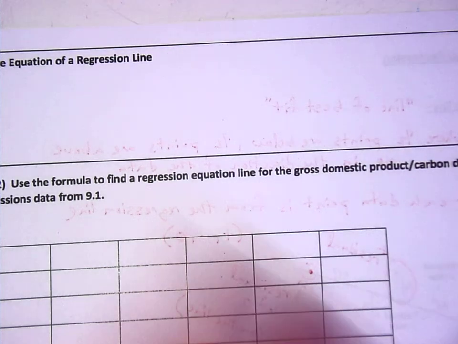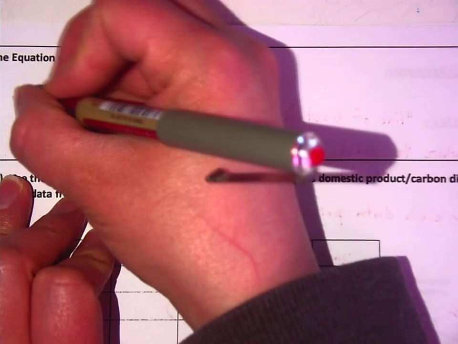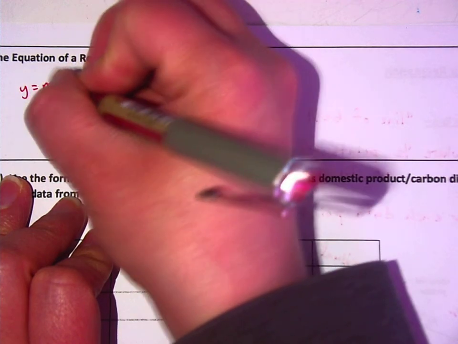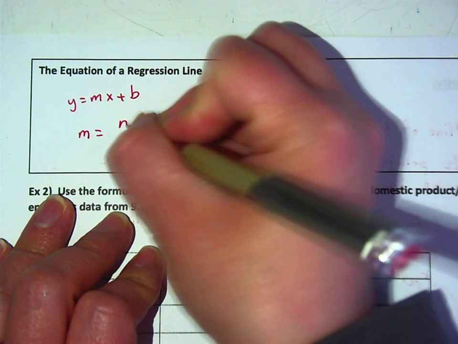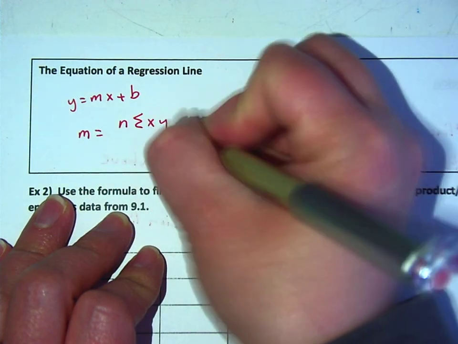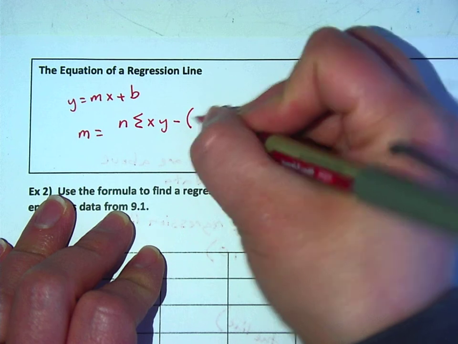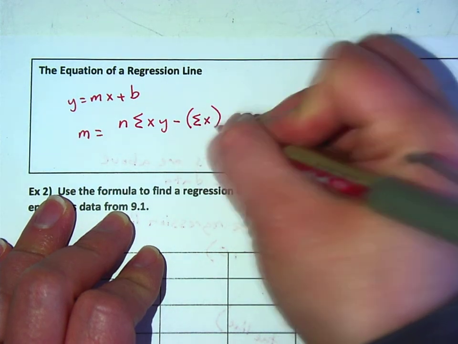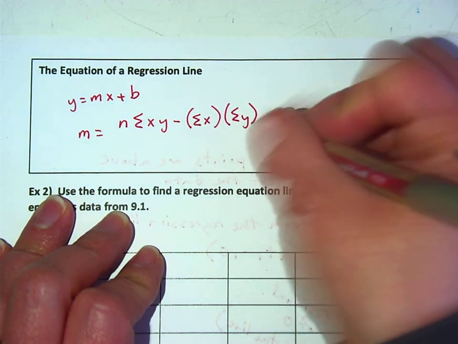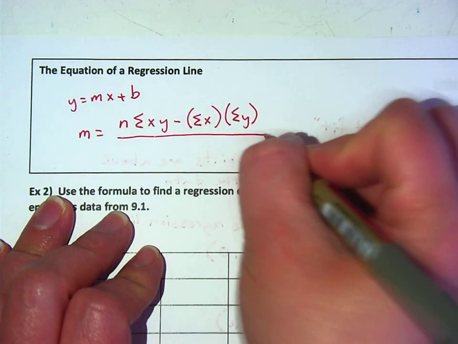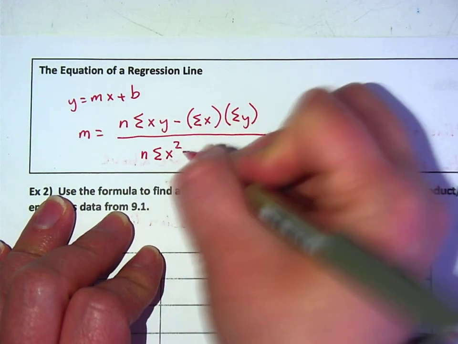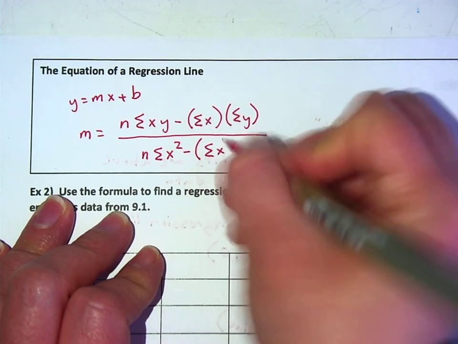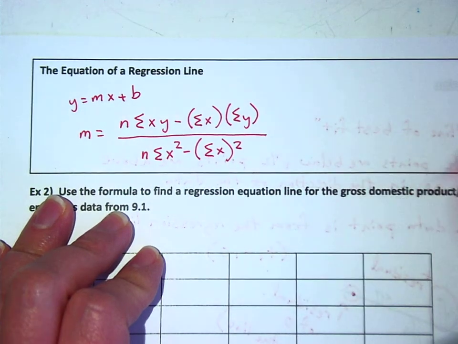So if you have y equals mx plus b, m is n times the summation of x y minus, does this look familiar, this kind of formula? Summation of x's, summation of y's, all divided by n times the summation of x squared minus the summation of x, and then you square all of those.